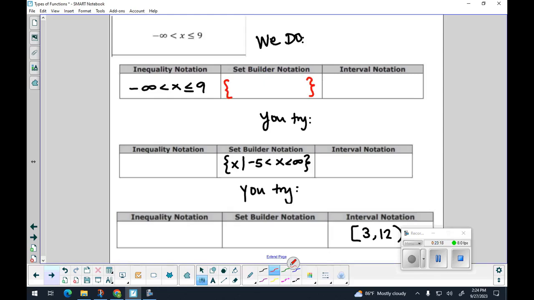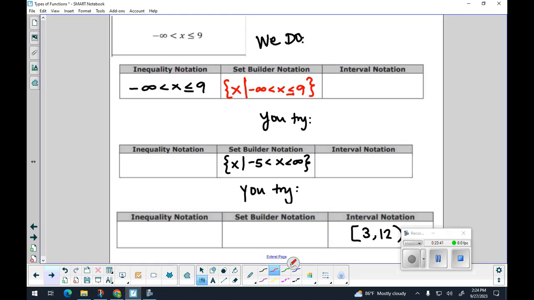We're going to write the x and then that slash. Remember that slash means such that. And then we're going to write it exactly how it was in inequality notation, which would be negative infinity is less than x is less than or equal to 9. So it's very easy. It's just a fancier way to write what we already had from inequality notation.